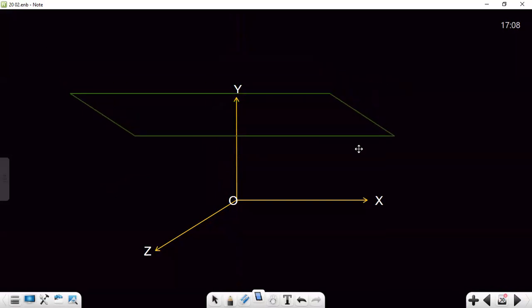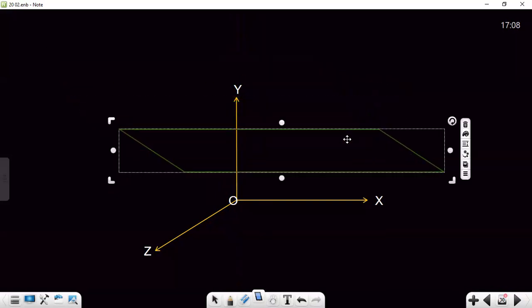This is a plane. Now, the boundaries of this plane are not limited. They are limitless. But the existence of this plane will only remain in this plane. I hope I'm making sense.